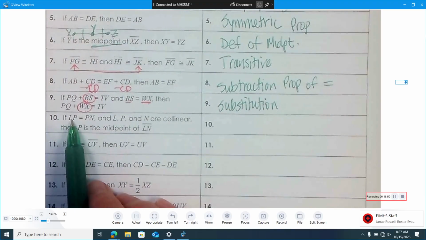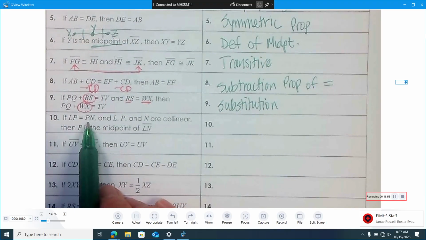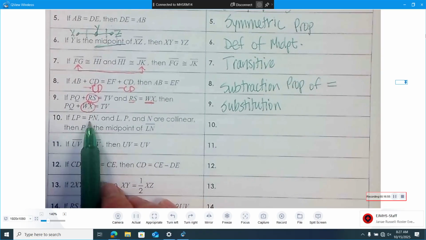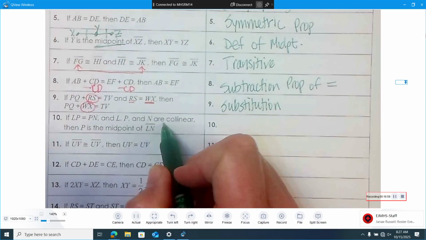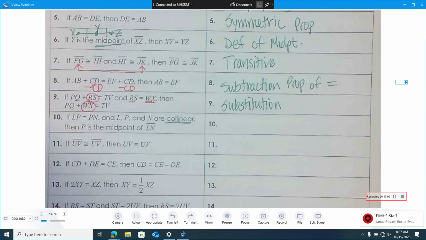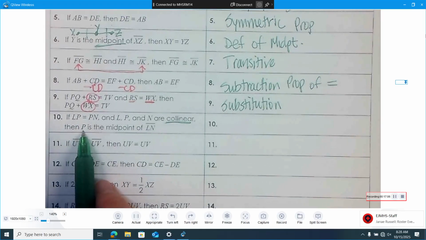All right. So here we have LP is equal to PN, so I have two segments that are equal in length. And I know that L, P, and N are collinear. They are all in a straight line. How come I conclude that P is the midpoint?